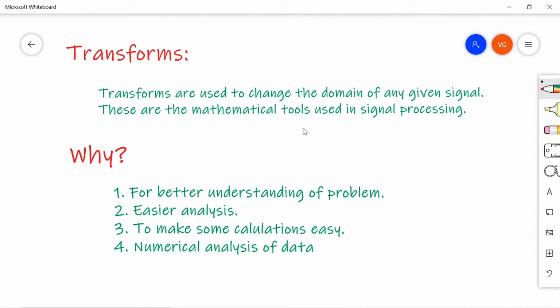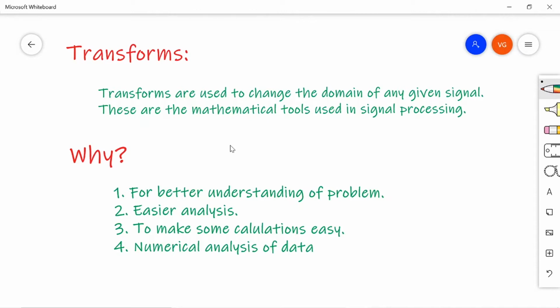The meaning of this statement is, your signal can be drawn either in the time domain or in the frequency domain. So to convert or transform the signal from time domain to frequency domain or from frequency domain to time domain, we are using these transforms.